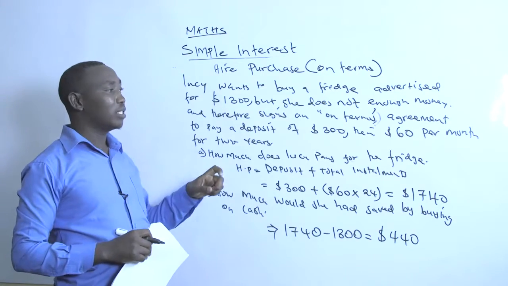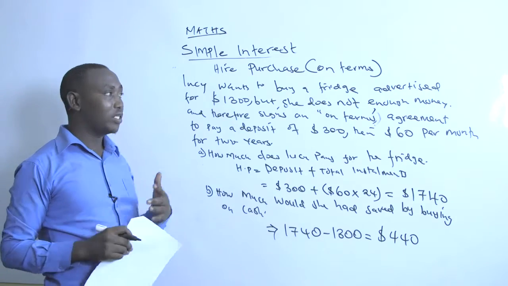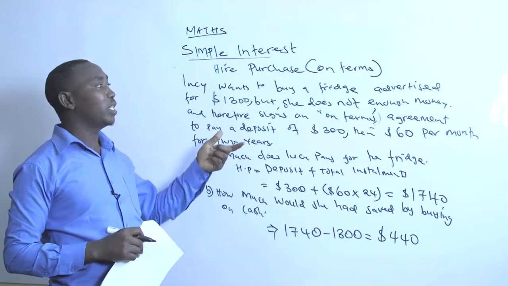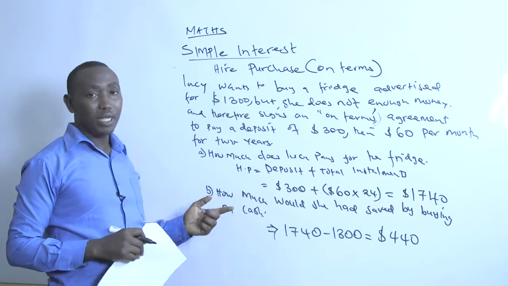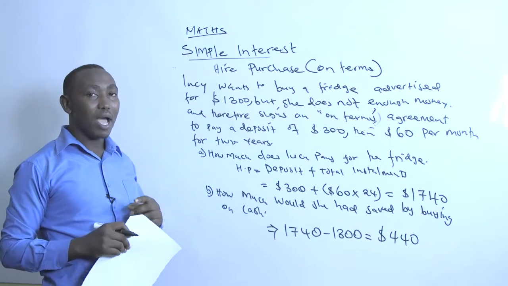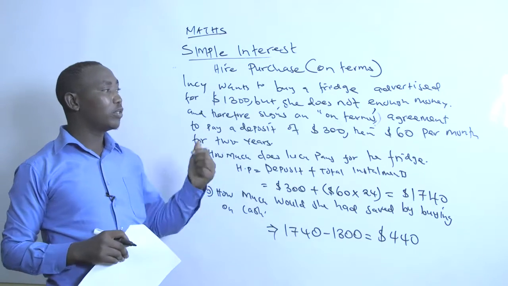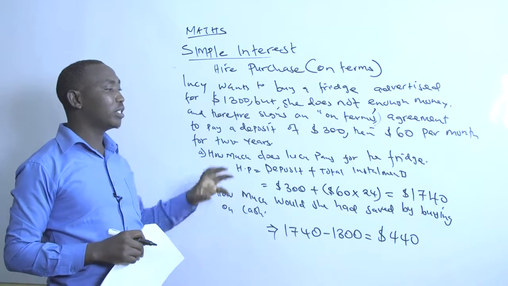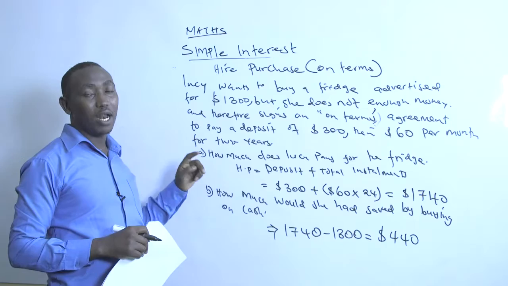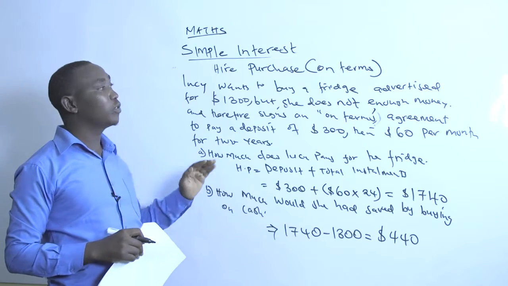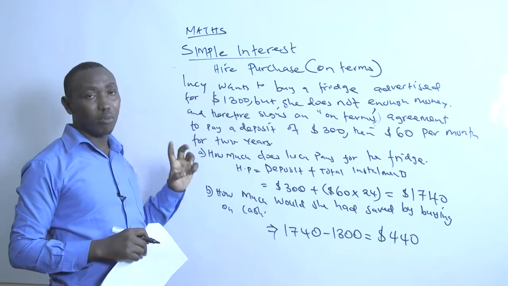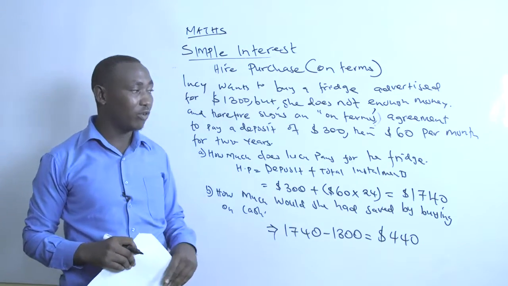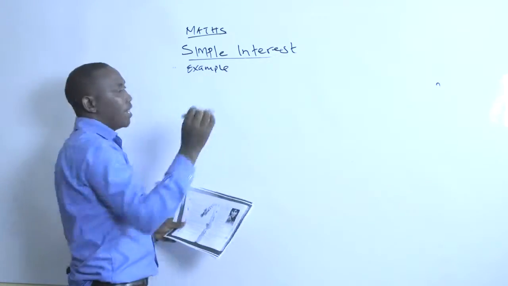In that particular agreement, although it normally varies with different sellers, it is acceptable for the seller to withdraw the fridge from Lucy and sell it at whatever amount. Understand that withdrawing the fridge from Lucy and selling it at a throwaway price does not remove the financial liability of Lucy. She still has to pay and ensure that she has completed the debt of $1,740.